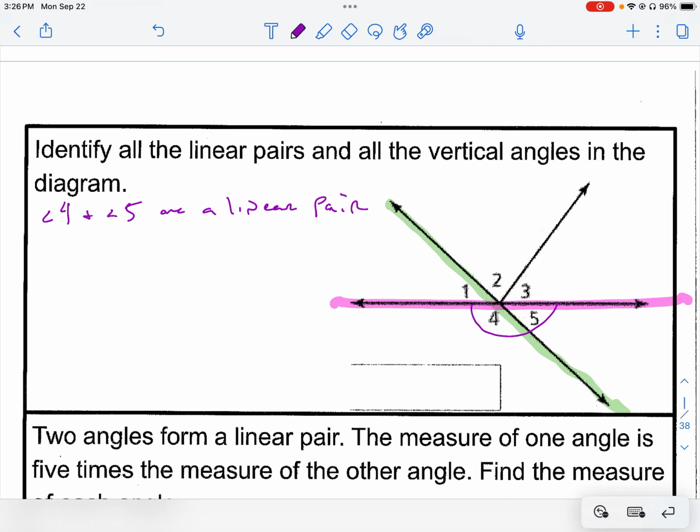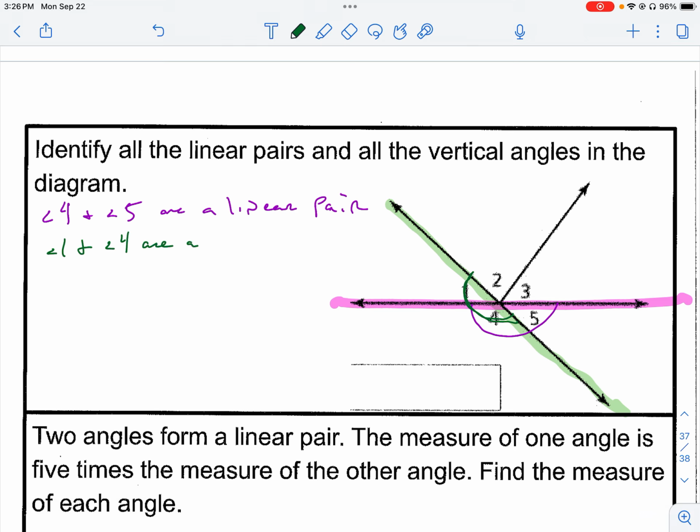They form a line. Here we got another line. Two angles form a line. So angle 1 and angle 4 are a linear pair. So what about 1, 2, and 3? They form a line, but they're not a pair. So they do not form a linear pair.